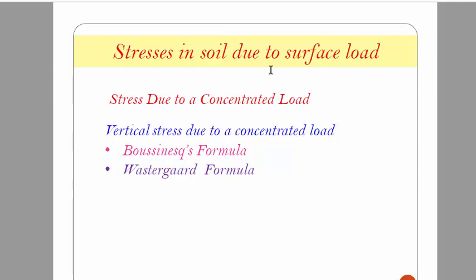The Boussinesq formula is used to calculate the vertical stress due to a point load below the ground surface or footing, and the Westergaard formula calculates the vertical stresses from point load, line load, strip load, circular load and rectangular load. After that we will cover the Newmark chart and isobars.